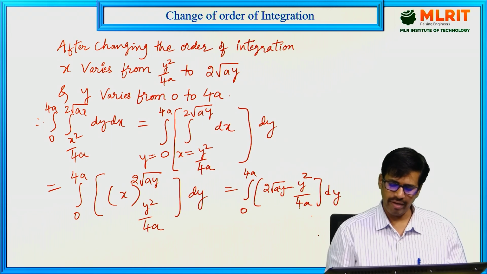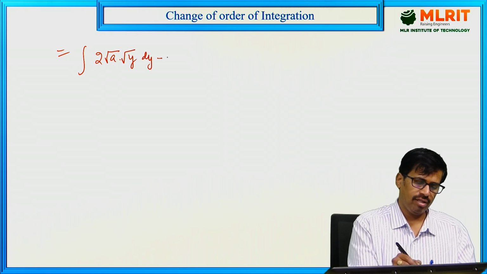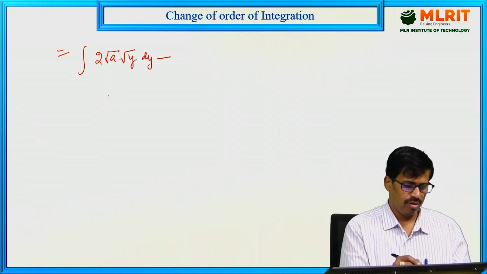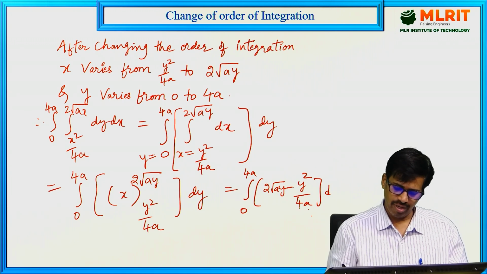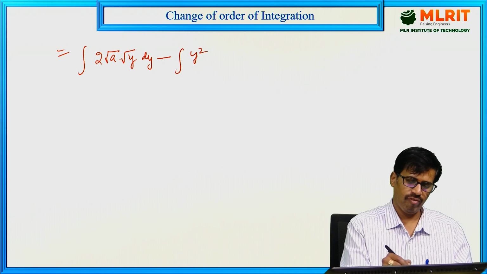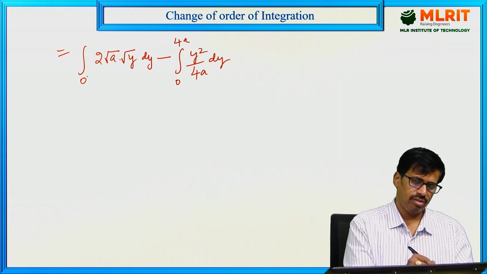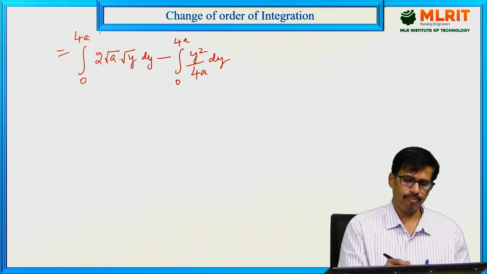So 2 root ay dy, integration of 2 root a into root y dy minus y square by 4a, integration of y square by 4a dy. Y limits are 0 to 4a.